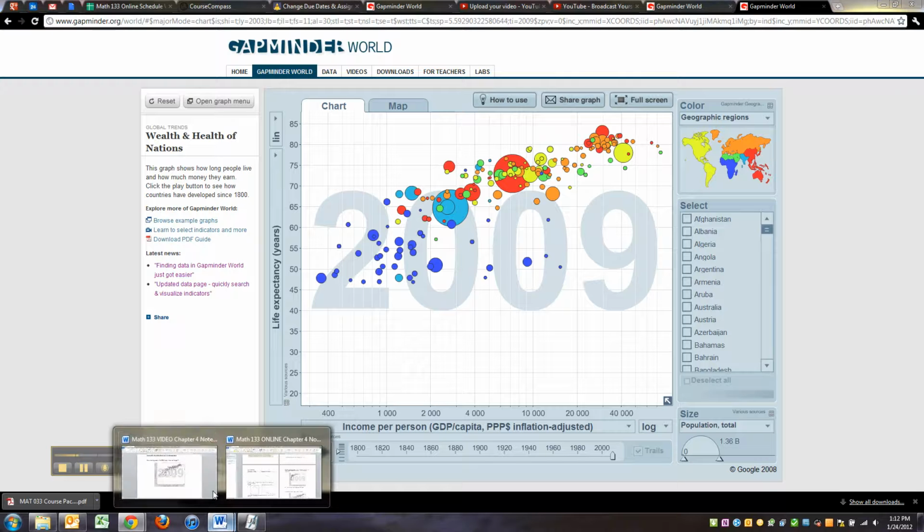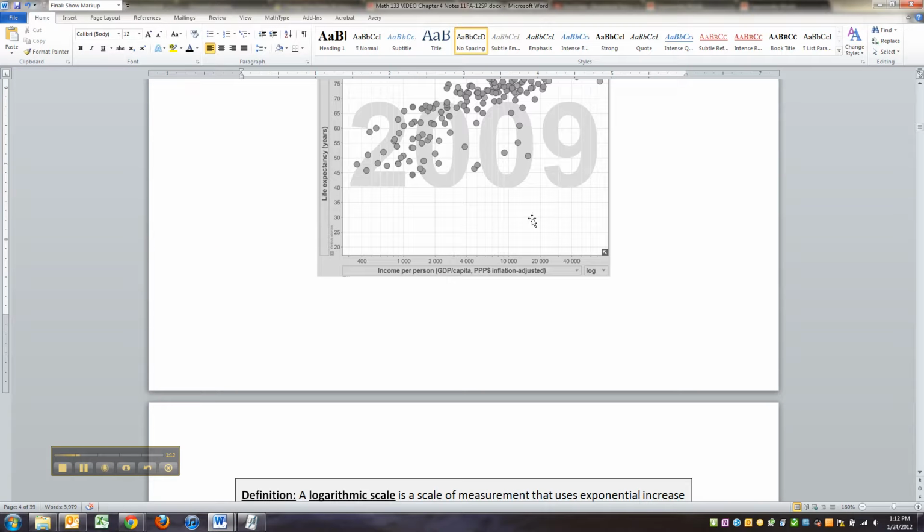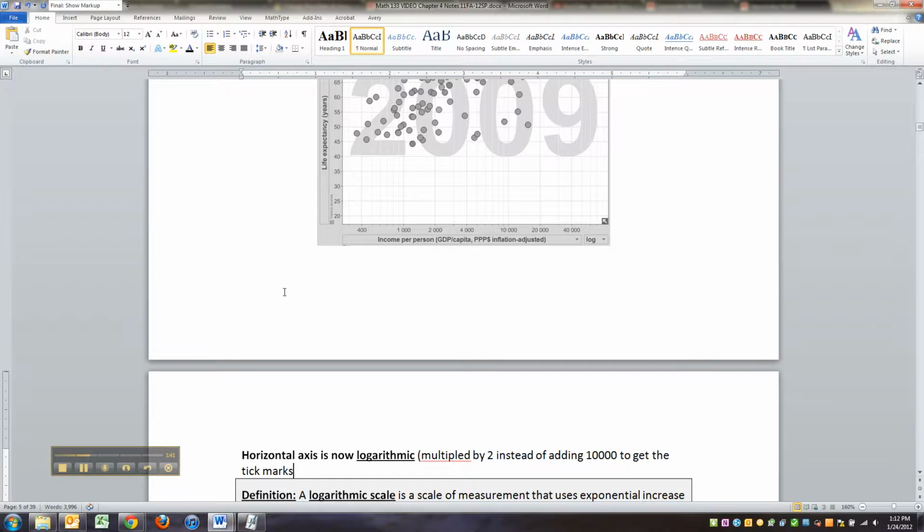Okay, so when we look at this graph, we can see that the horizontal axis is now logarithmic. It's multiplied by 2 instead of adding 10,000 to get the tick marks. Oopsie. Hold on one second.